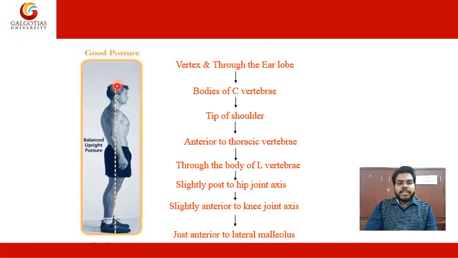So good posture is, here in the diagram, a balanced upright posture. Your line of gravity falls through the vertex and through the earlobes. This is the side view, or sagittal view.